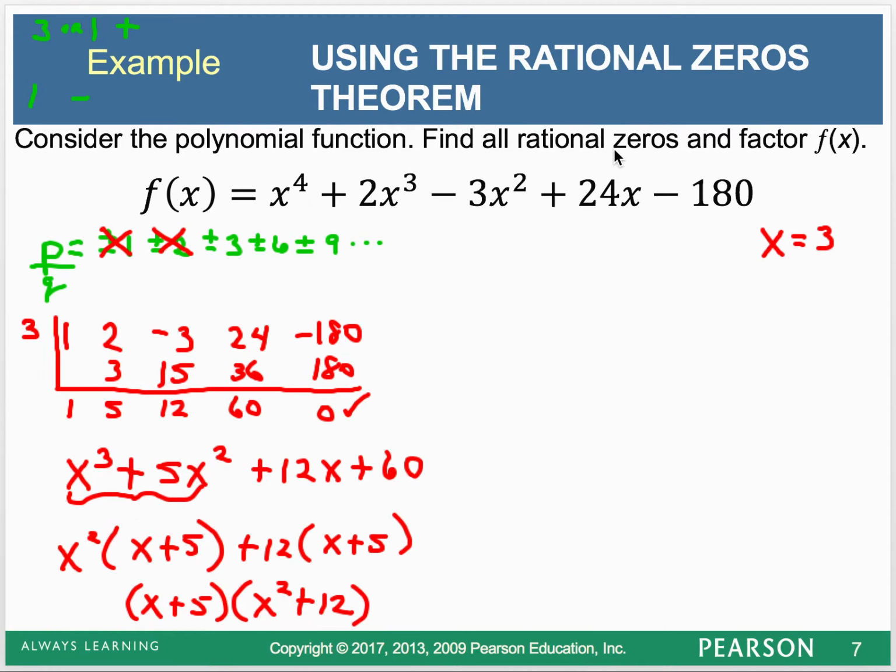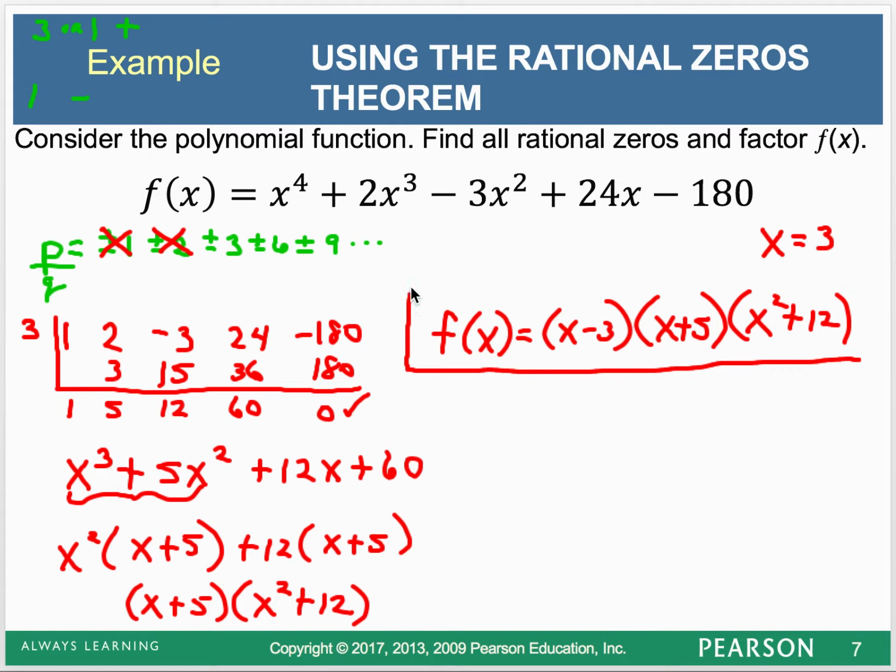So now it says find all rational zeros and factor it. This doesn't factor any further as far as a factor goes, right? So my factors of this are my corresponding factor with the 0 of x equals 3 is x minus 3. And then I have x plus 5 and x squared plus 12.